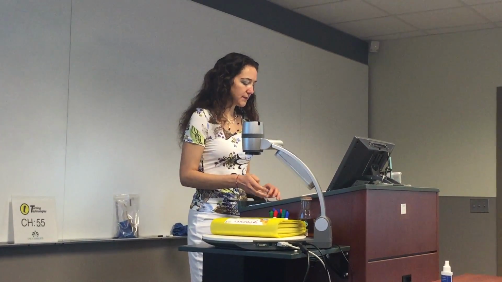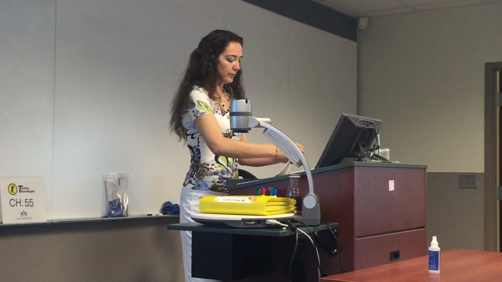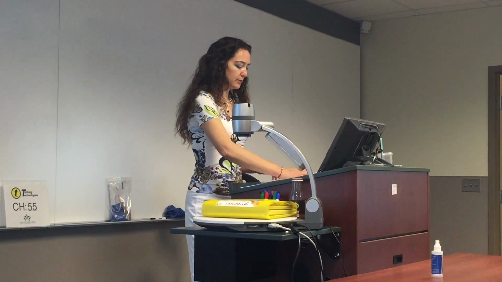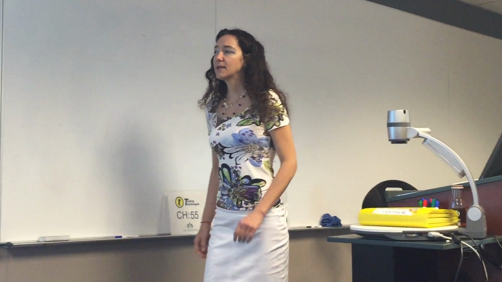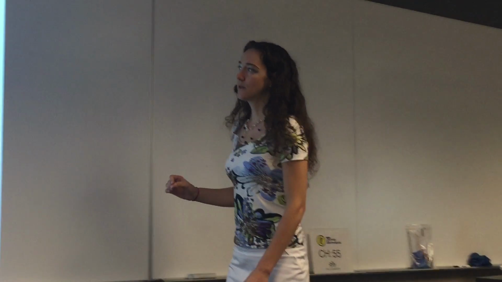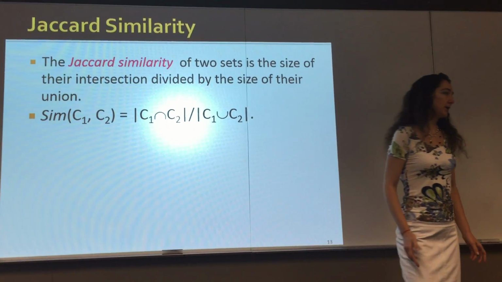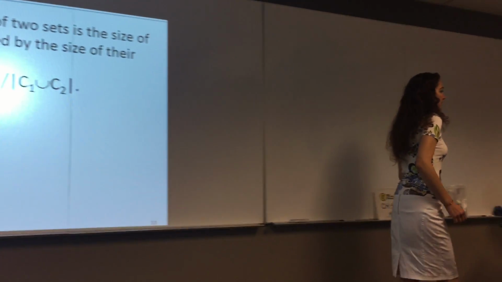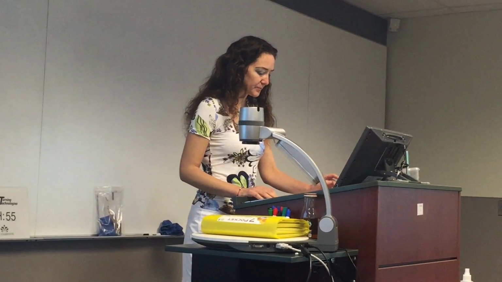Jaccard similarity, as I mentioned, is good for evaluating binary values, or if we're using text documents, it would be whether they contain this character or this word, or whether they do not contain it.